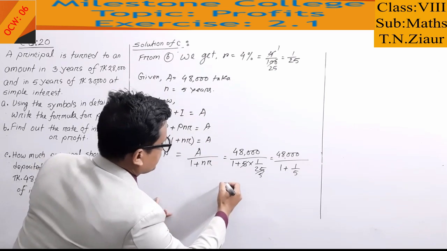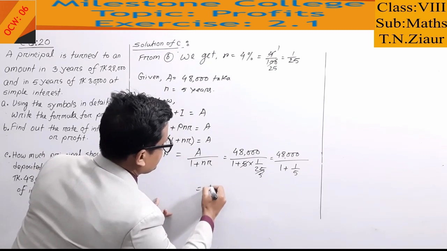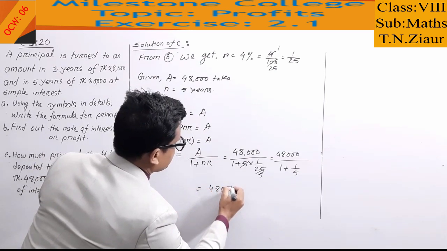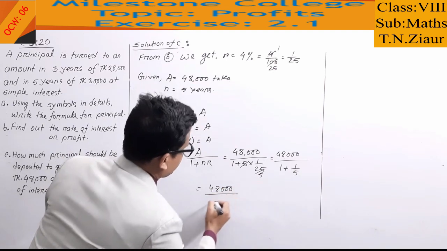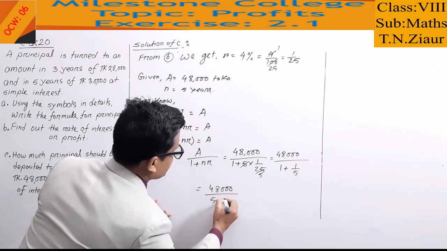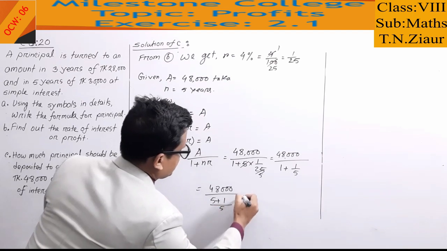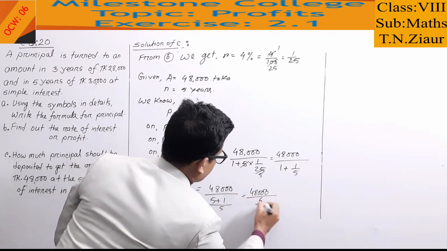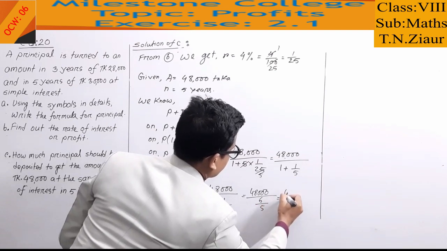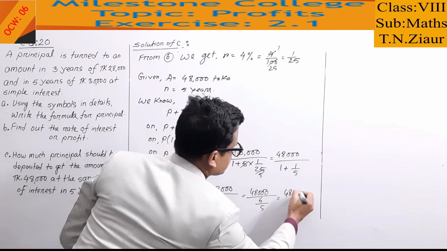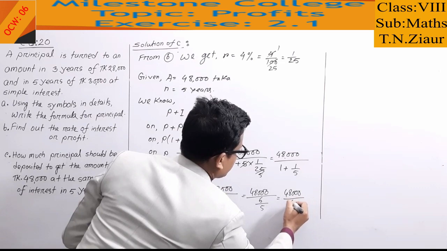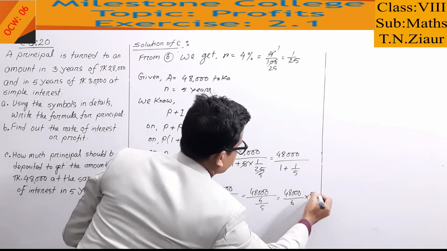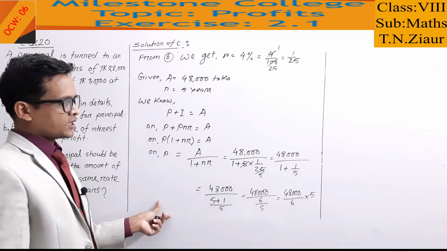Just we will write here 48,000 divided by 5 plus 1 divided by 5. It will be 48,000 divided by 6 by 5. If I write this way, 48,000 by 6 into 5, right? Just we can write like this.